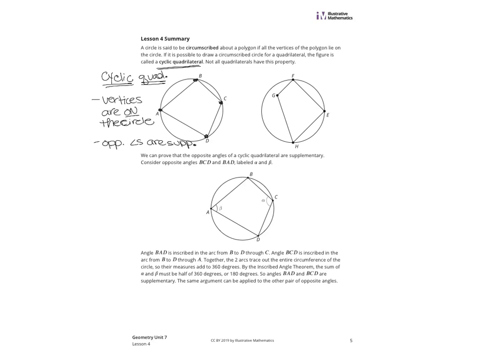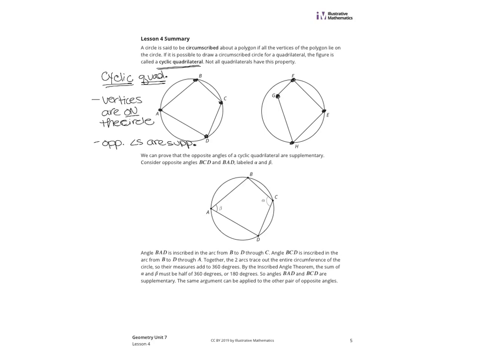So now let's take a look at the diagram on the right. In this diagram, F, E, and H are on the circle, but G is just a random point that is not on the circle. I don't really care if it's outside the circle or inside the circle, but the main point is that it's not on the circle.